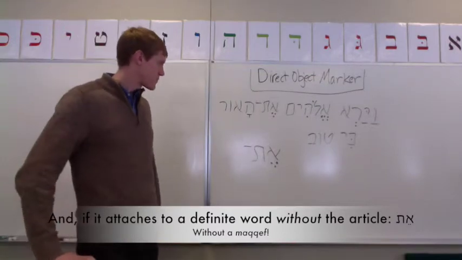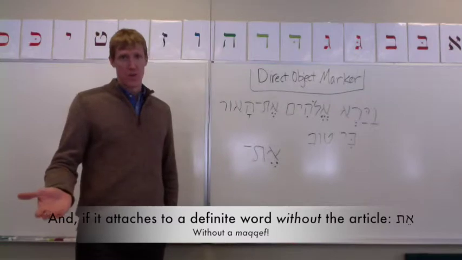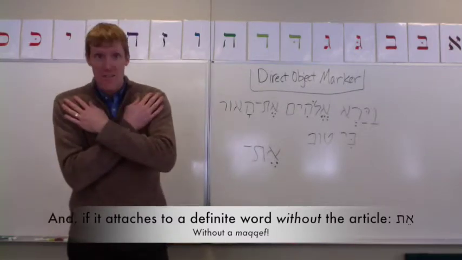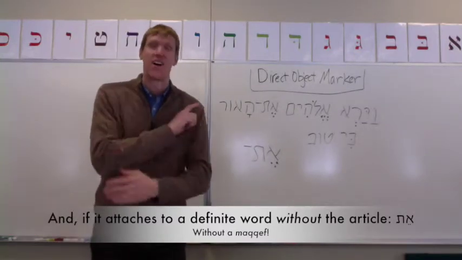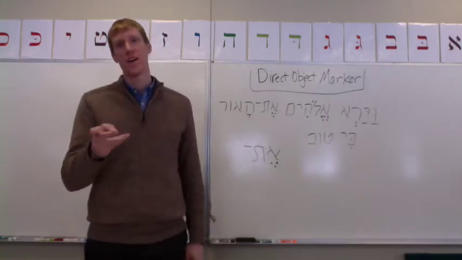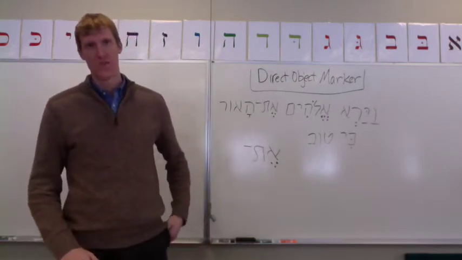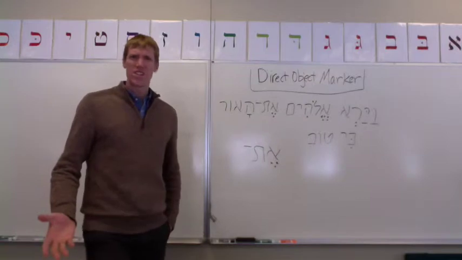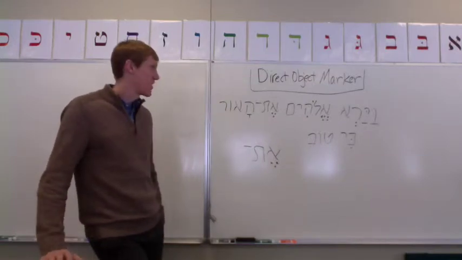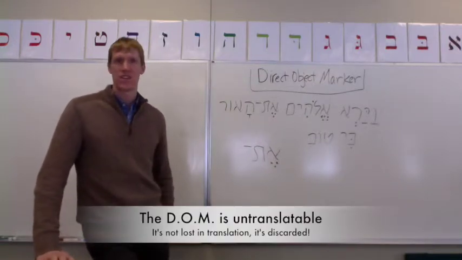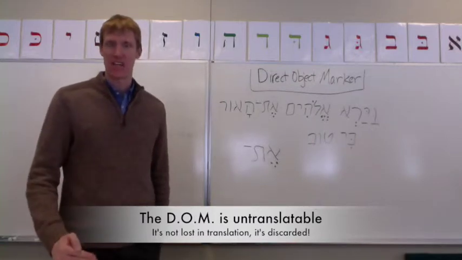Now, you know this word from ve'ahavta et Adonai Elohecha bechol, right? So what is the et doing? Well, it's a word that is impossible to translate. It doesn't actually mean anything.